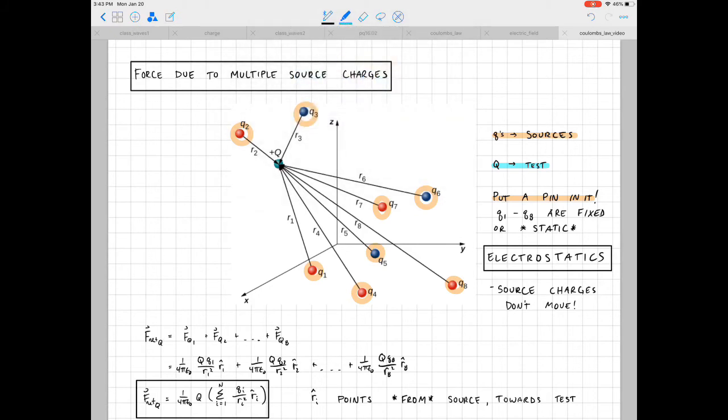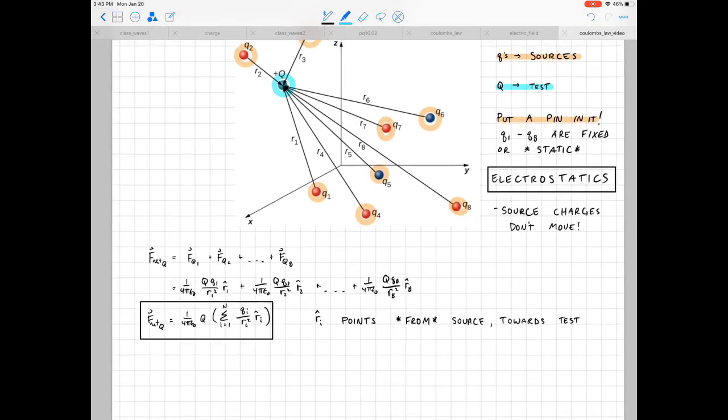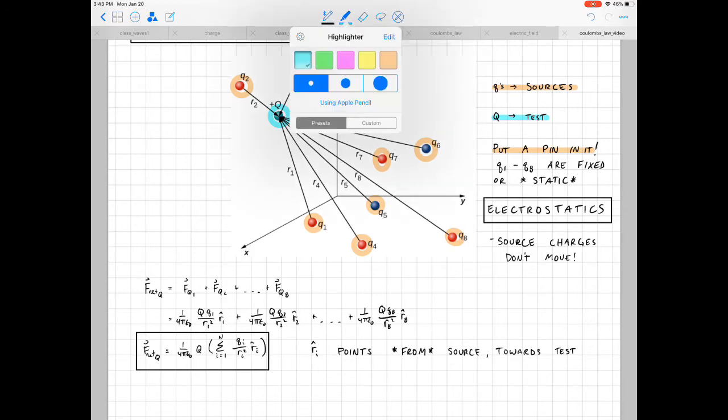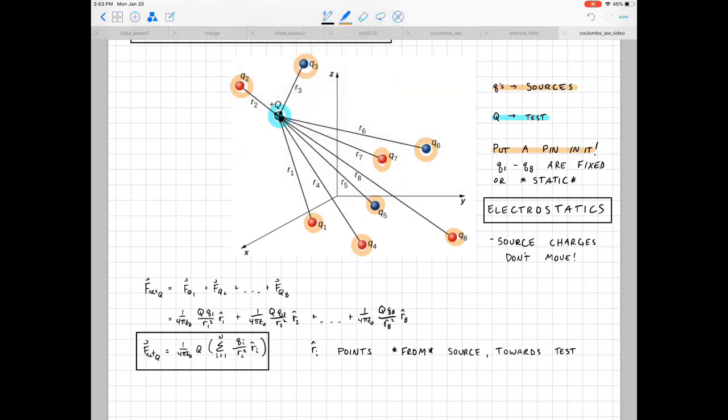one test charge. So that's this charge right here. This is the charge that I'm interested in finding the force on. What is the force on this charge due to the presence of these 8 source charges? All right, so that's what we want to think about. And since, by the Coulomb force law, force is a vector, if we want to figure out the net force, we've basically just got to add up each individual force, and that's what I've got written right here.